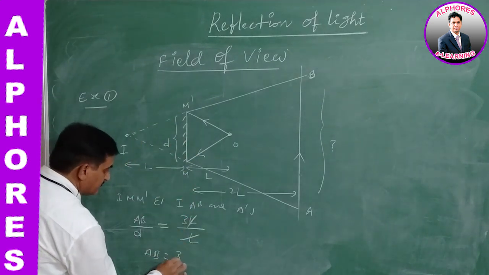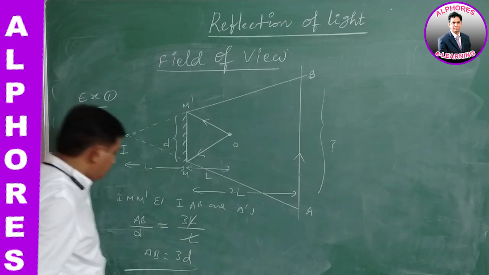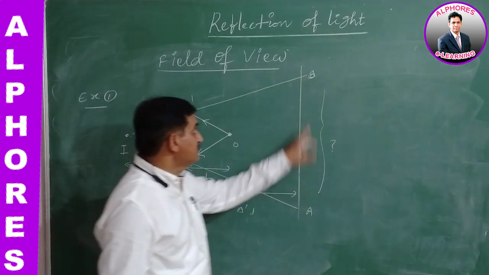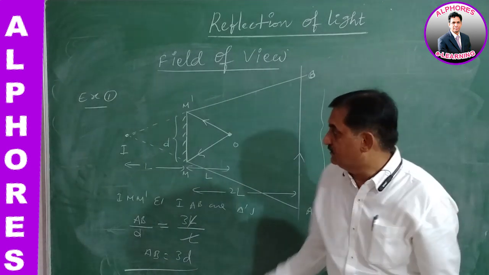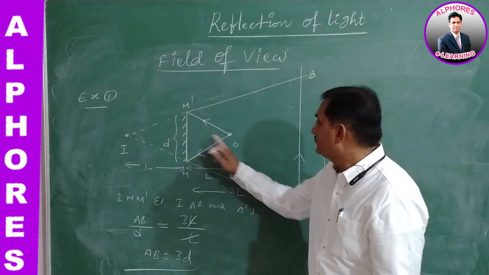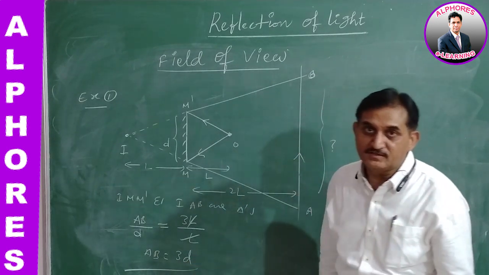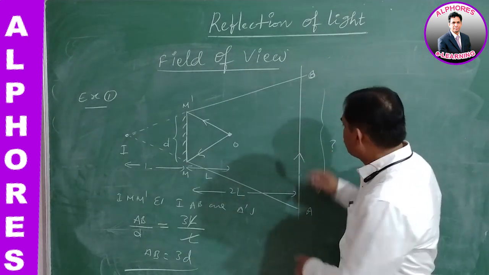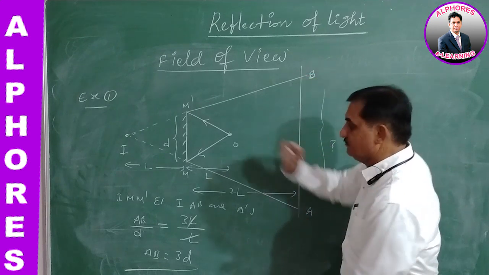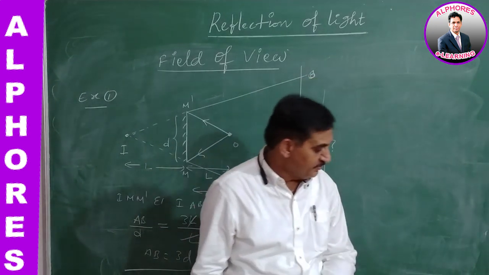AB is equal to 3D. So this is the range up to which this observer can see the image of this object in the plane mirror. What is that? 3 times the length of the plane mirror. Up to that range he can see the image. This is problem number 1.